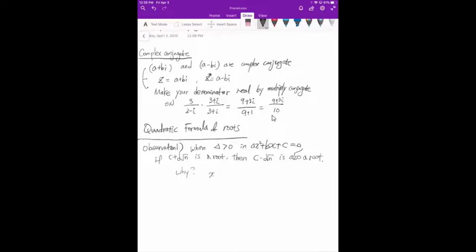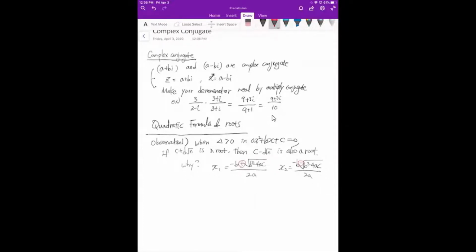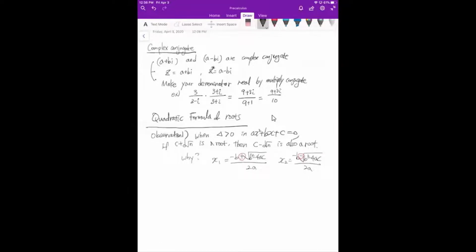It's because the quadratic formula looks like that: negative b plus or minus, and the rest of the parts are the same. Your discriminant delta is b squared minus 4ac, all divided by 2a. So they just have a different sign right here. That's why when you have a quadratic equation and one root with a positive sign in between, the other root is going to be its conjugate.